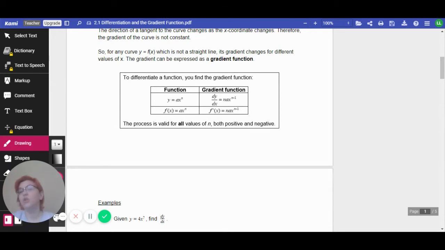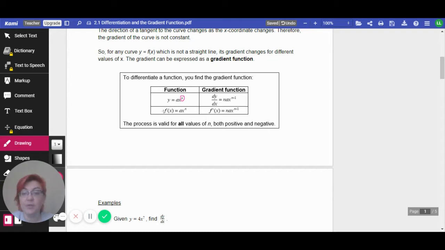So for any function written in the form y equals ax to the n, the gradient function, or the change in y over the change in x, can be found by taking this value of n and writing it out front, multiplying it by a, keeping x, and then taking that exponent to one number less, or n minus 1.